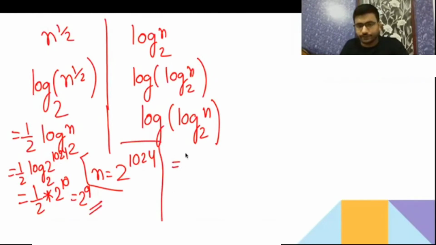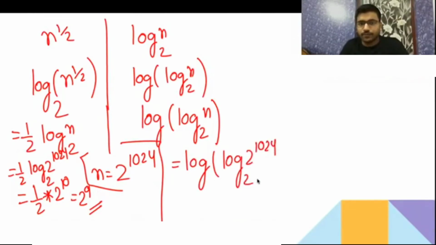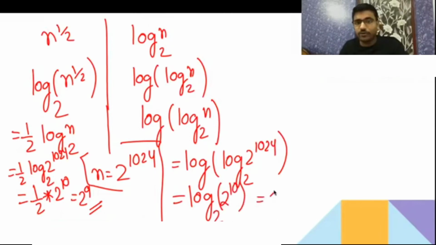Now here it's log of log 2 to the power 1024 base 2, you are going to get log of 2 to the power 10 base 2. Here you are going to get 10 only, so root n is going to be the bigger one.